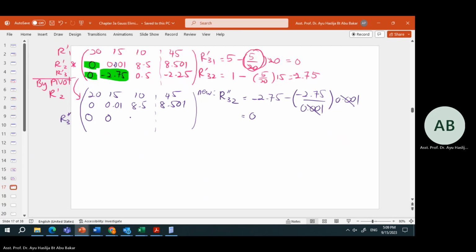So for R double prime 3, 3 using the same factor. Previous value minus the factor multiply by R prime 2, 2, 8.5, the row that we pivot. Okay, so here you get a big number.